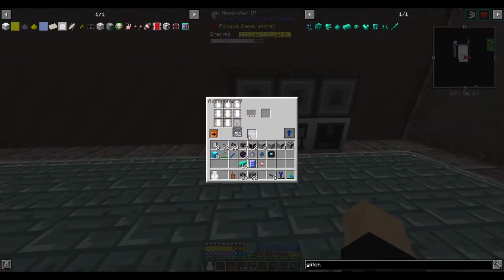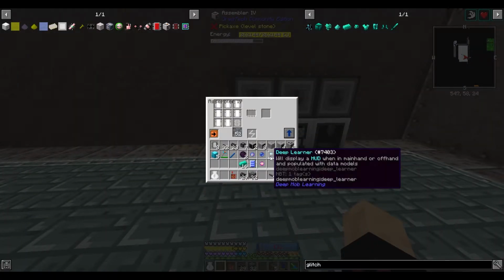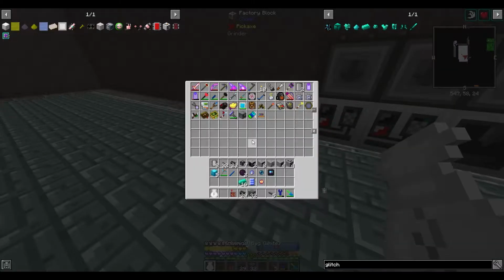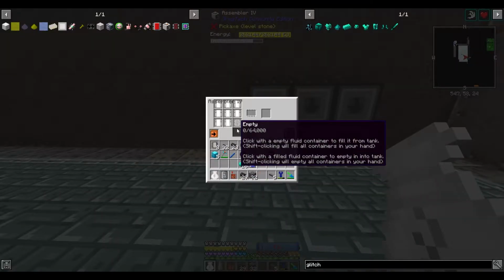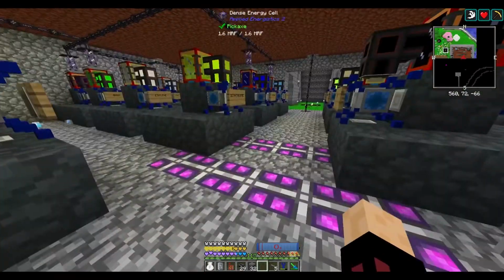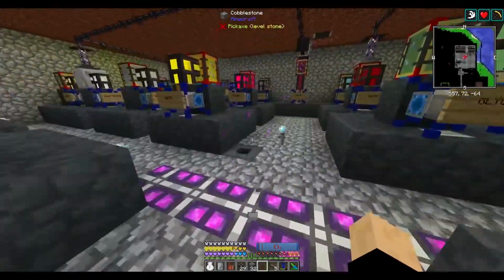Anyways, we should have here everything that we need to make our next creative item. I'm gonna change these. I'm gonna borrow that tin for a second. I'm gonna get some Teflon from over here.